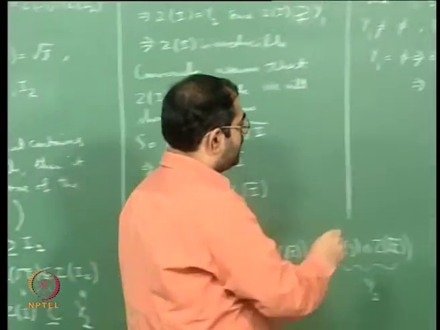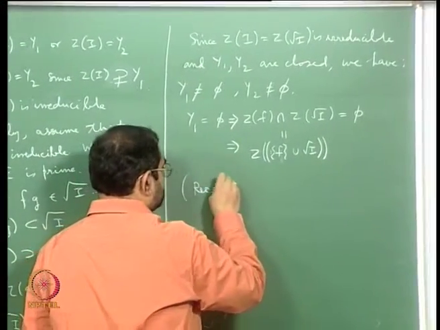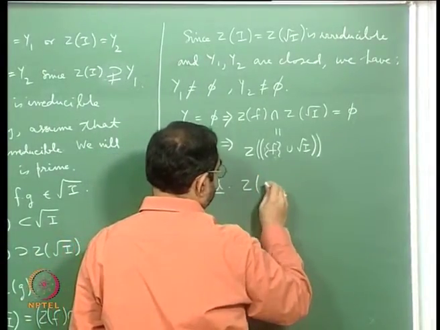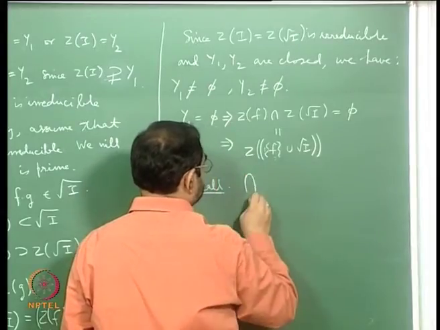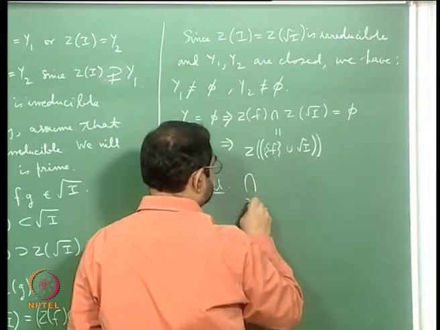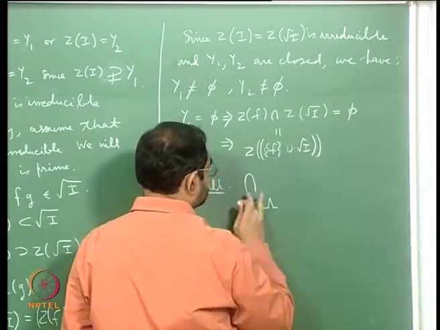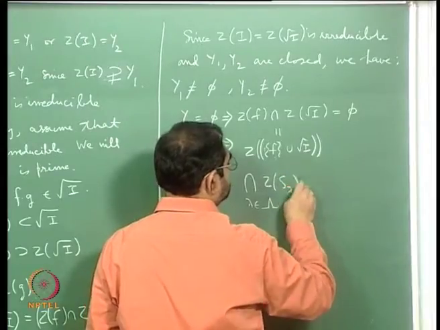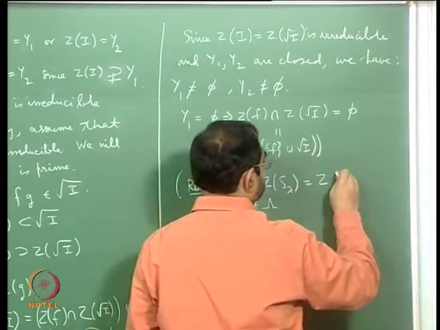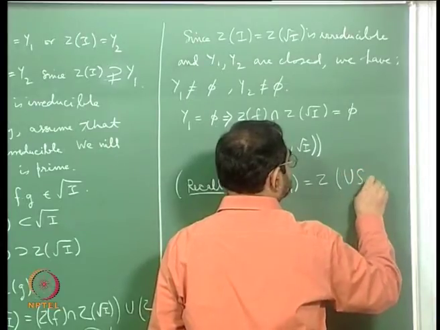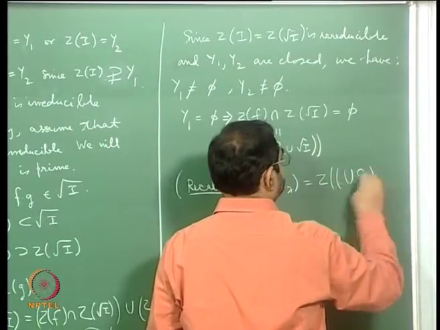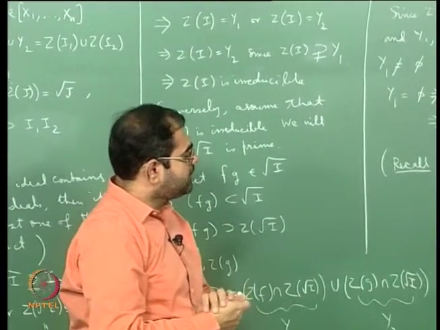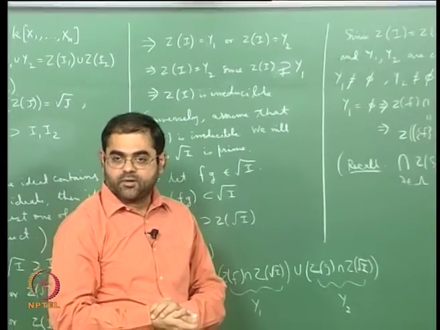You can recall that if you take the intersection over lambda in a capital Lambda, some indexing set, of Z of S lambda, this is just Z of the ideal generated by the union of the S lambdas, if the S lambdas are subsets of the polynomial ring.